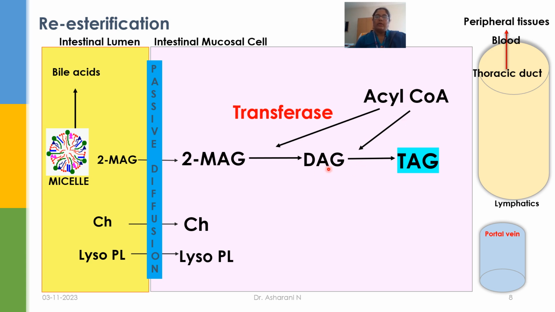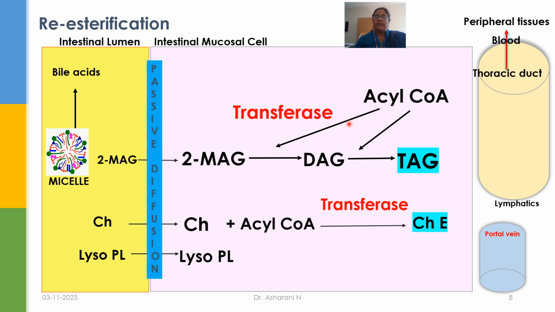Again, one more molecule of acyl-CoA is transferred onto it. There is re-esterification which will form triacylglycerol. So two acyl-CoA molecules are transferred to 2-MAG to form TAG, that is triacylglycerol. This is one way TAG is formed.